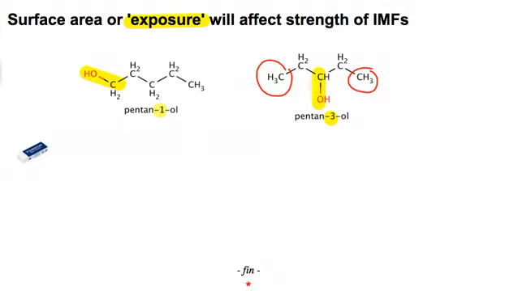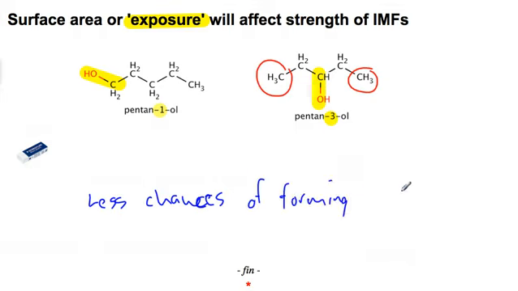And so if the exposure is less, if there's less chance of forming contacts, that is hydrogen bonds between molecules, the lower the boiling point.